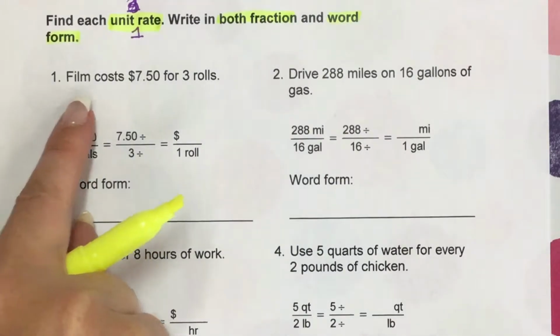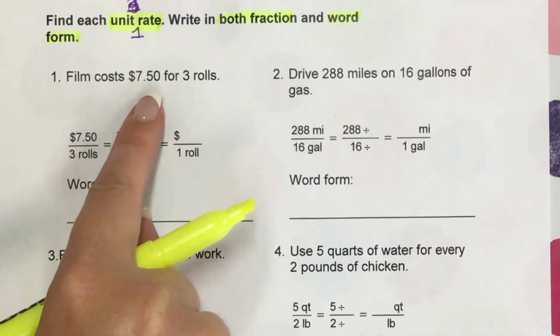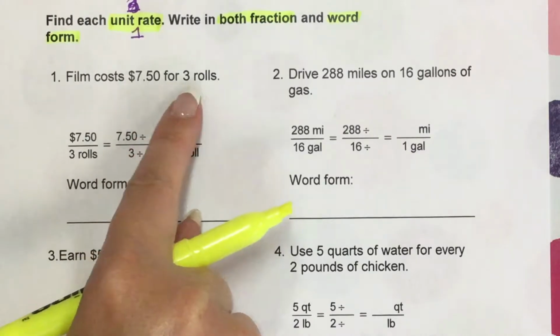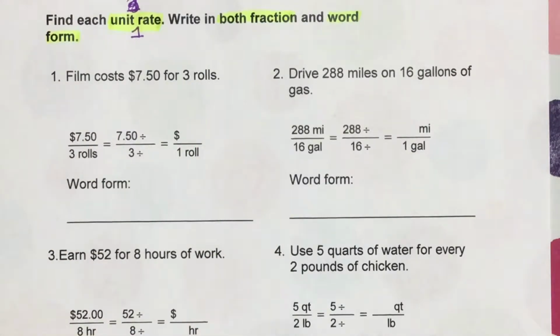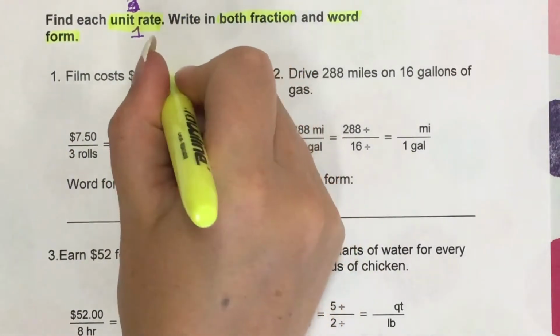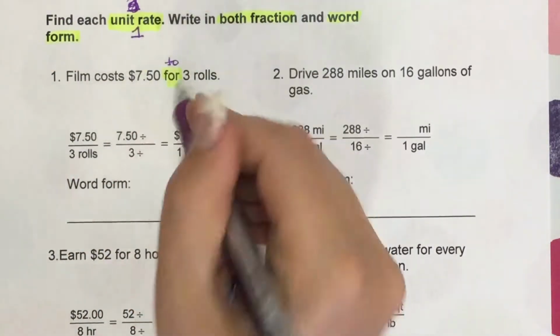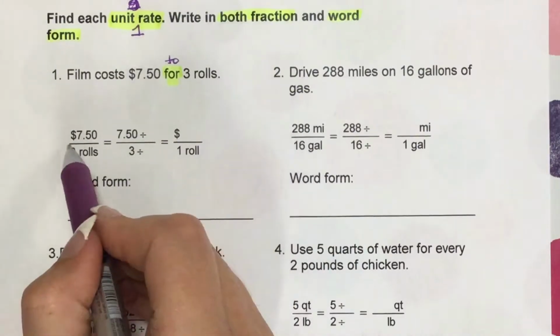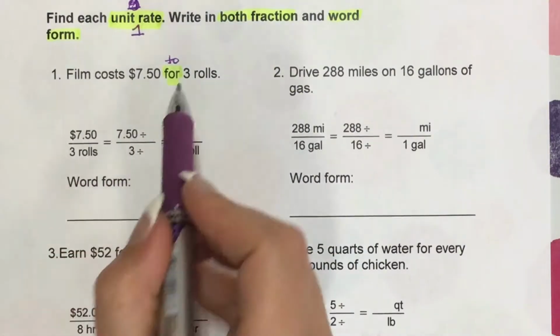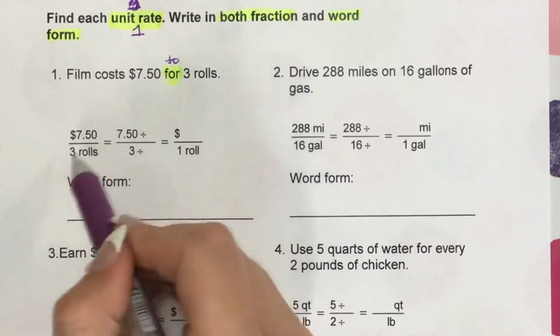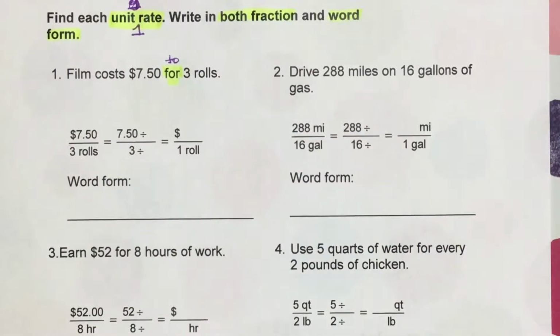Number 1, it says film costs $7.50 for 3 rolls. And we see that keyword for, and we know that that just means to. So that is where we're going to have our fraction. So it's going to be $7.50 over 3 rolls. And we need to make it a unit rate.